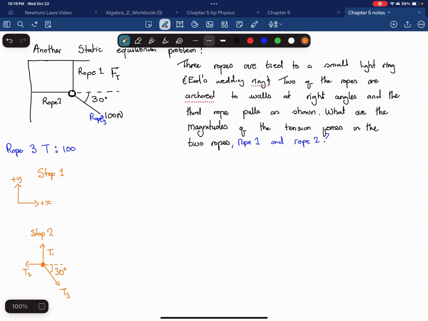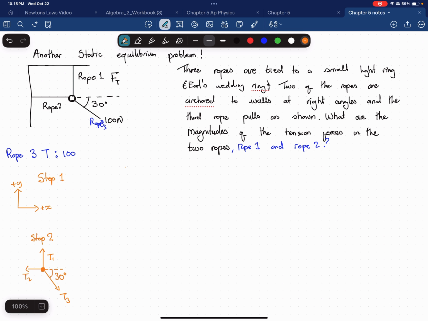Anyway, step 3. Calculate the sum of forces in the x and y direction. All right? So, in the x direction, what do we have? Well, every time you have a vector at an angle, guys, always divide it into its components.